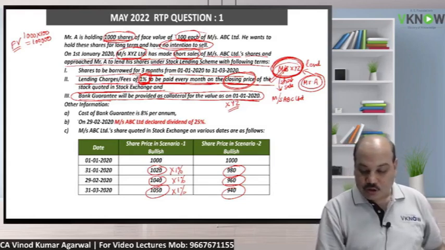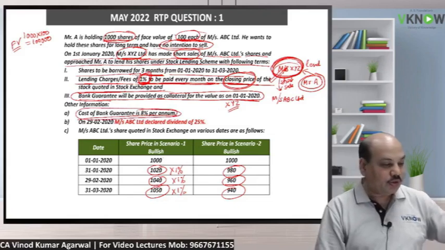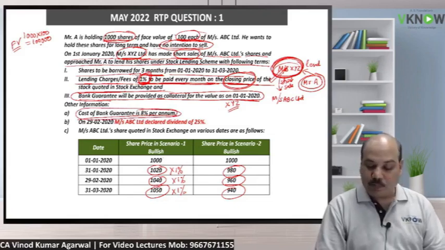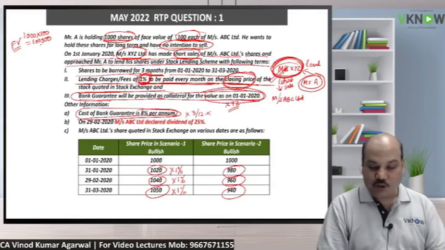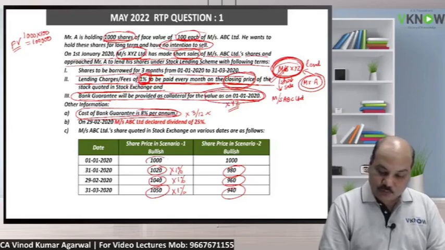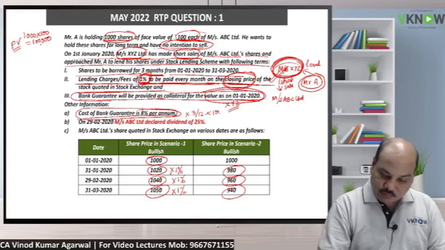Okay, and what is the cost of bank guarantee? The cost of bank guarantee is 8% per annum into 3/12 into the value of the shares on 1st January 2020. If you see below, the value of the share on 1st January 2020 is 1000 rupees.